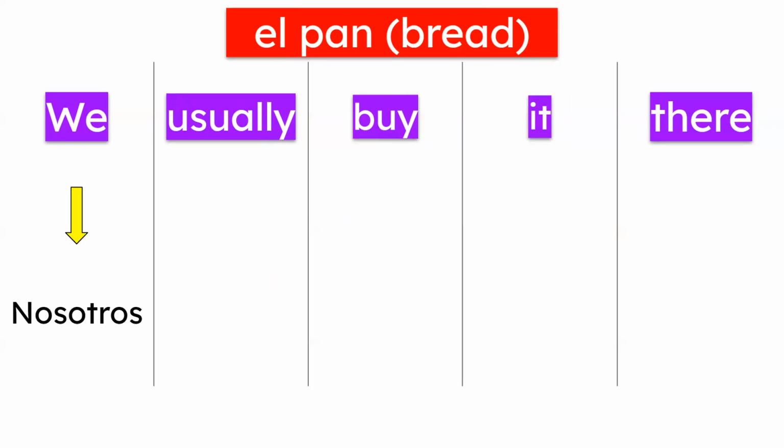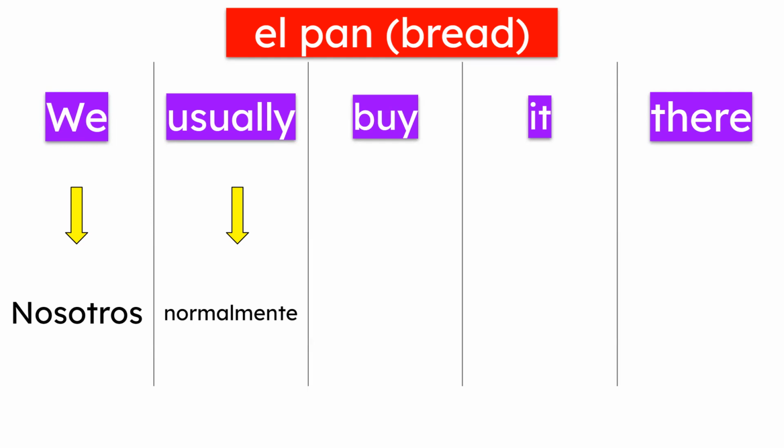Usually is normalmente. You said usualmente, that's right too, but it's more common in Spanish to use normalmente when we mean that we do something periodically.